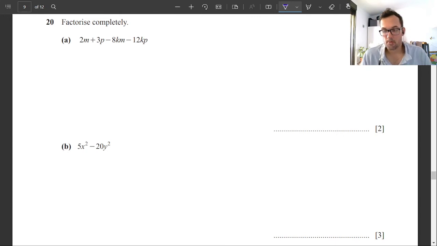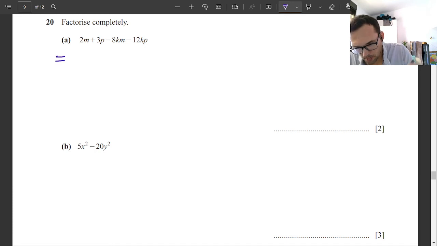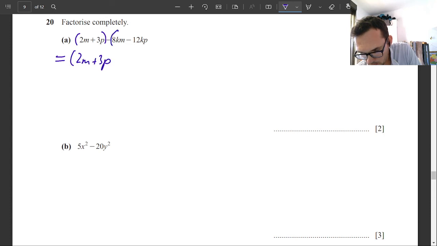Question 20. Factorize again. All right, so let's look at this, right? We're going to have to break things up a little bit. Nothing I can factorize here and this, right? So let's make a bracket there, 2m plus 3p. Okay, I'm going to put this together though.